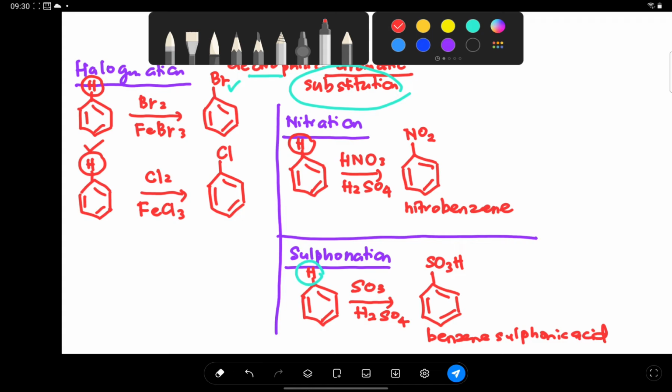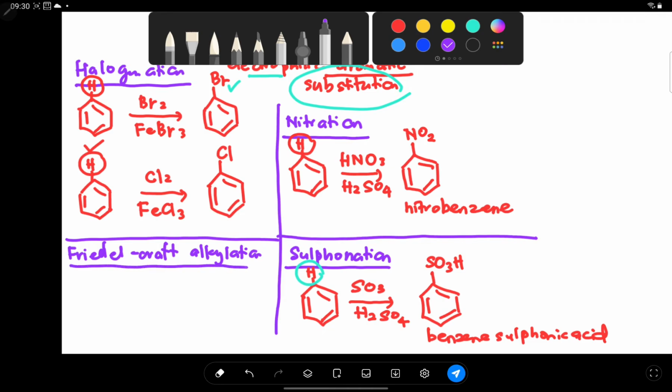And Friedel-Crafts alkylation. So you have a benzene ring here.